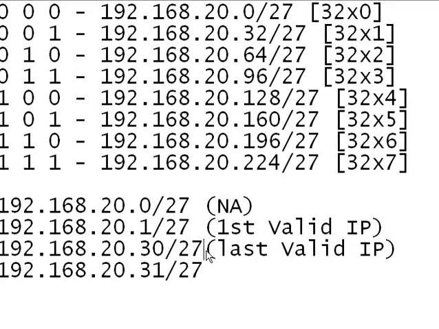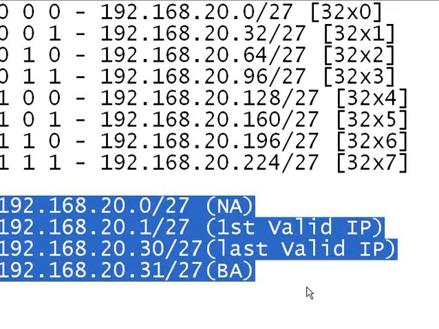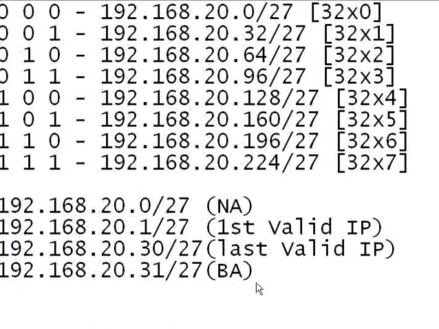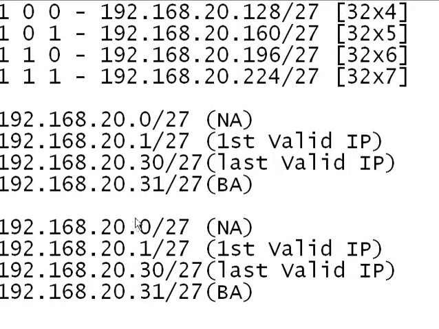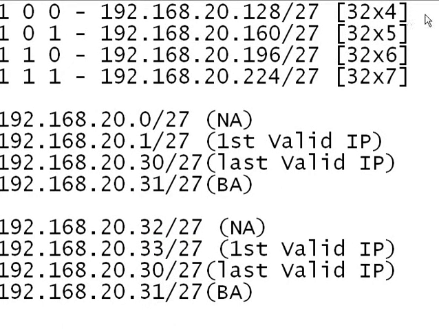So let's create the second one. The second subnetwork will be starting from 32. It will be 33, and the next network is actually 64, so this will continue till 63. This is the specification of the network. This is my network address.